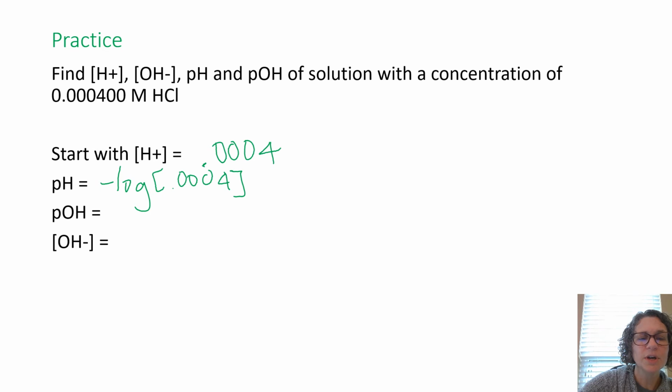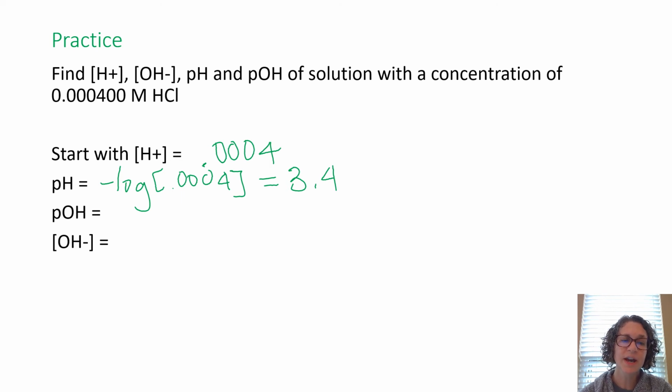You're going to punch that into your calculator, and you should get, and I'm going to round, somewhere around 3.4. Depending on your calculator, you may need to punch it in several different ways. I'm doing this partially to show you how the problems work, but also so that you can practice with your calculator. So 3.4 is what you should get for pH.